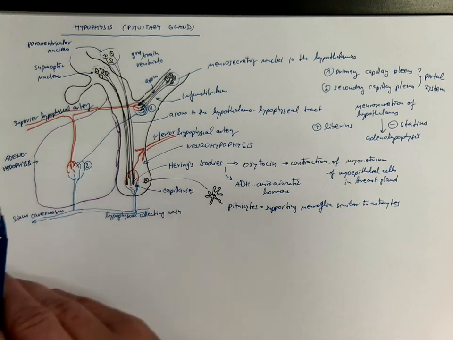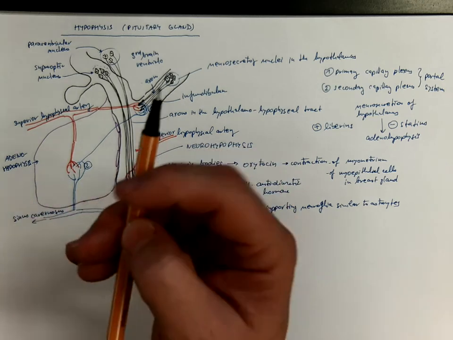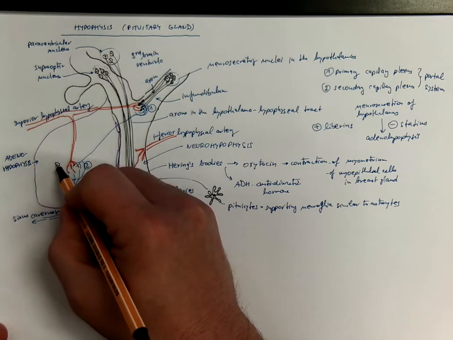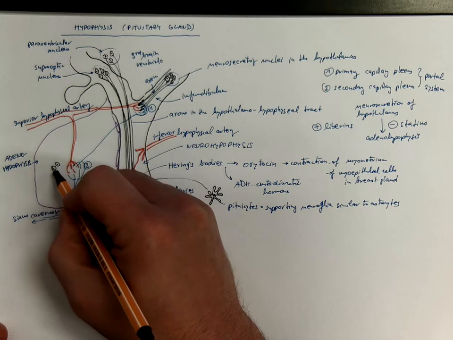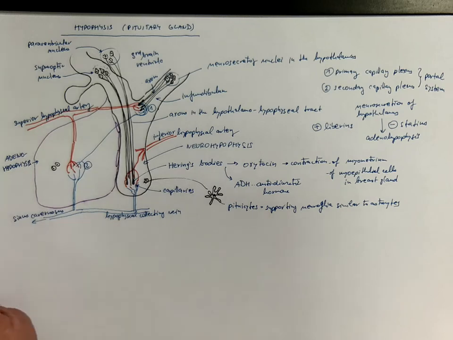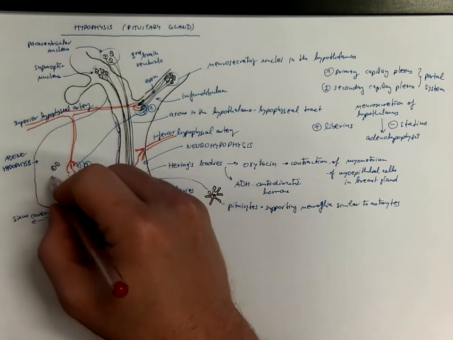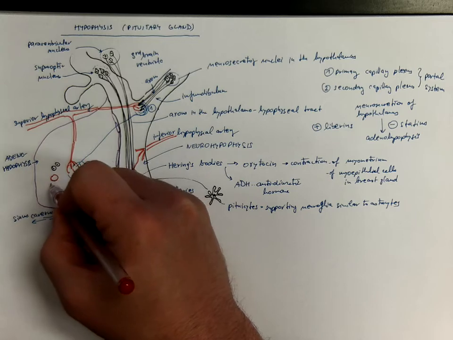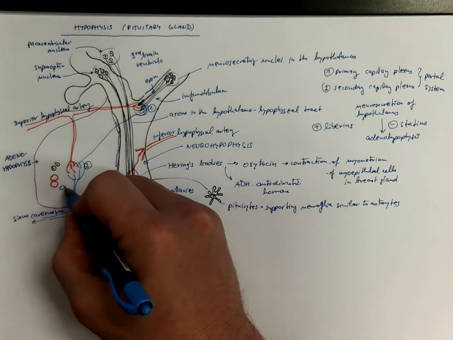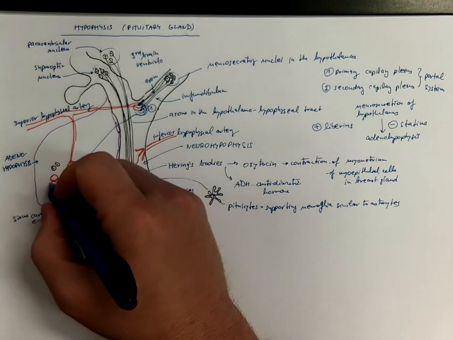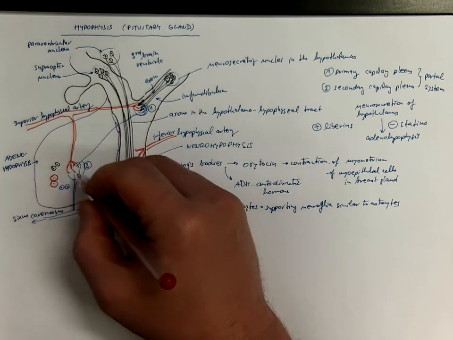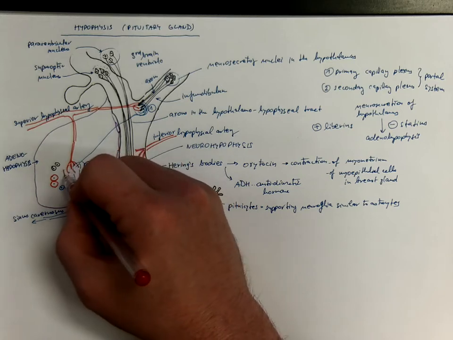Now, the histology of the adenohypophysis is formed by trabecular epithelium and some interstitial connective tissue, and we will notice three types of cells in the routine staining: some that do not stain, some that are eosinophilic, and some that are rather basophilic. Of course, there are many sinusoids and capillaries here.